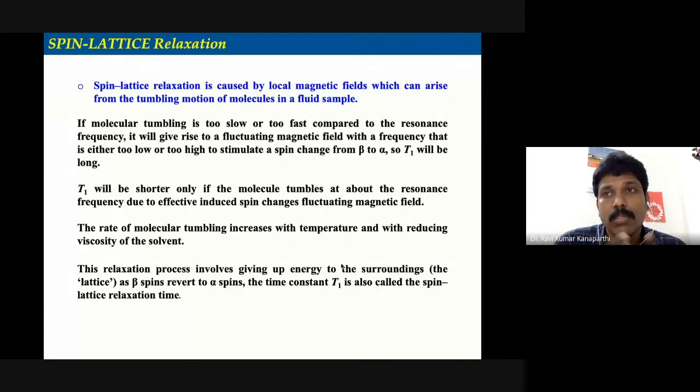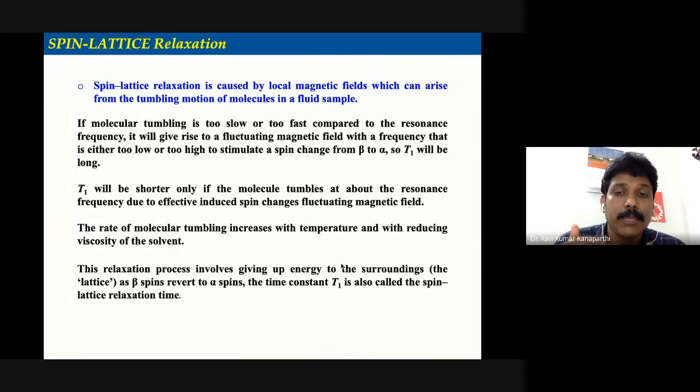What exactly governs the tumbling motion? Temperature is one, and viscosity is another. If the temperature increases, the tumbling motion will be too rapid, therefore T1, the spin lattice relaxation time, will be very long.